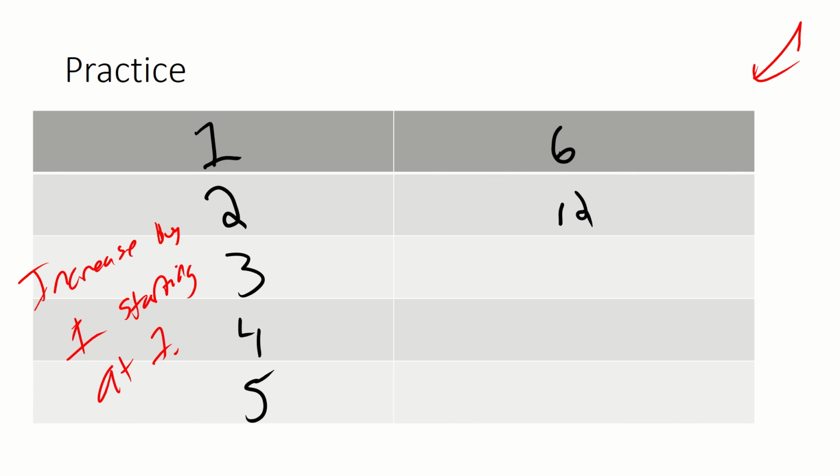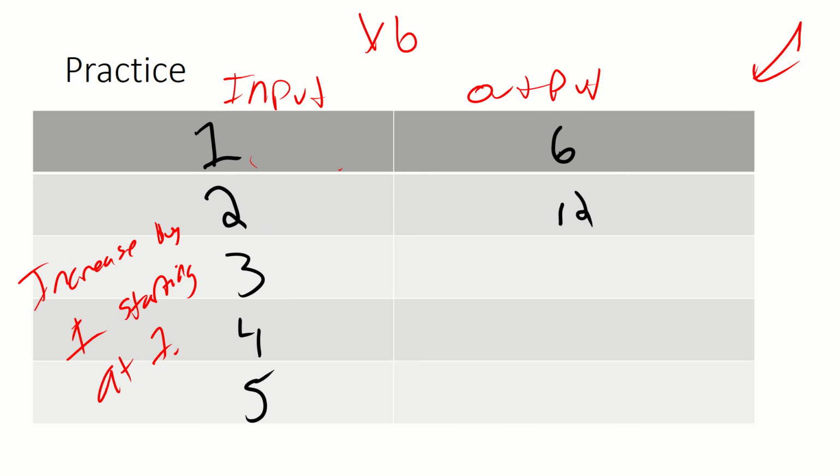Now, what is my pattern rule that relates my input to my output? That's what you've got to figure out. We go up by 6 in this equation here, so it could be add 6. Let's check that out. 1 plus 6 is 7, so that won't be the answer. We have to find something with 1 that's going to equal 6, and 2 with 12. So I'm going to try times 6.